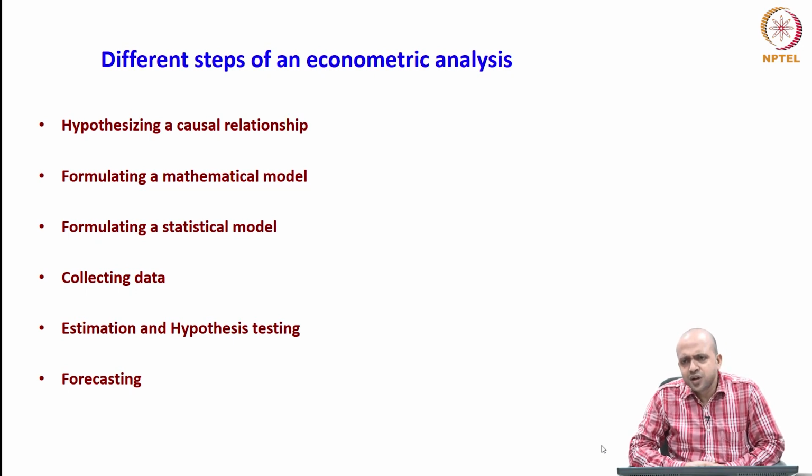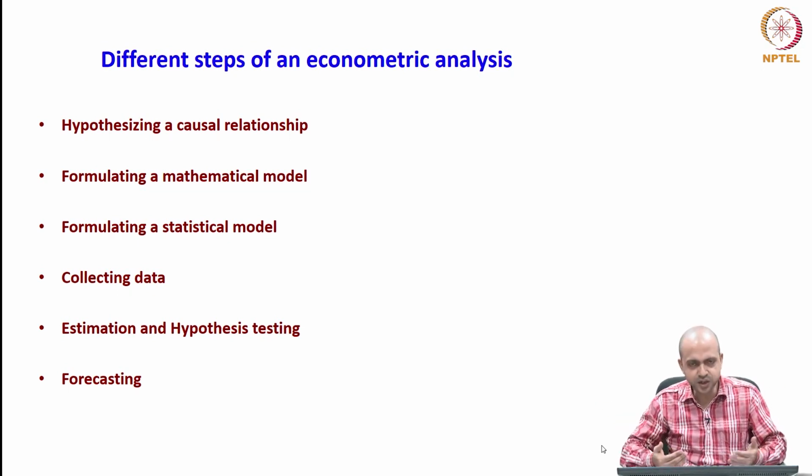And after this type of observation of individuals' consumption patterns, what we have to do in econometric analysis as a first step is to hypothesize some kind of causal relationship between income and consumption. What we are hypothesizing is based on observation.